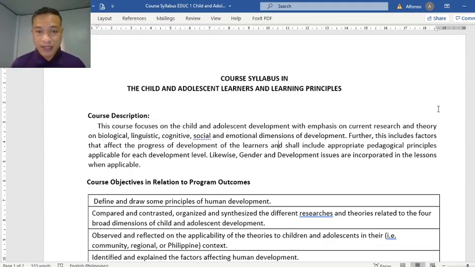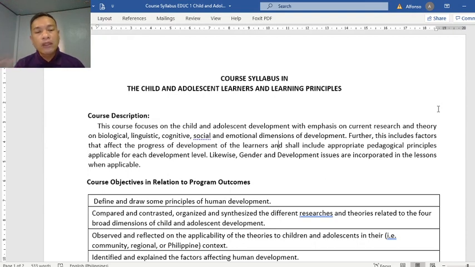Welcome to our Saturday. Last week, I already had a chance to orient everyone on the different subjects for the entire semester, and that includes child and adolescent learners and learning principles, curriculum development, as well as the principles and techniques in guidance and counseling. I also told you how intricate the relationships of the three subjects are.